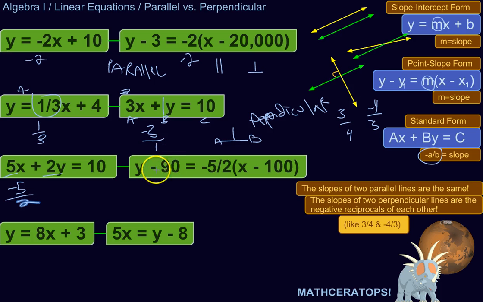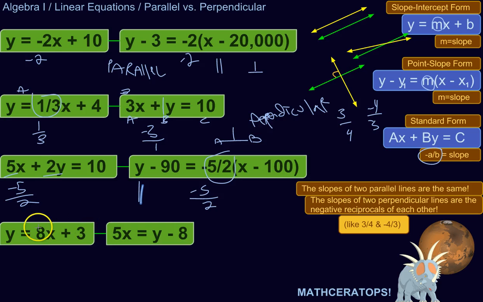Now what is this? y minus something equals something times x minus something. That's point-slope form, so our slope is just the number outside the parentheses. Negative 5 over 2 is the slope of that line. These slopes are equal to each other, so these lines are parallel.